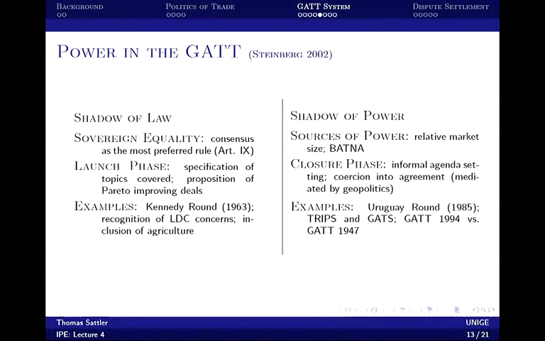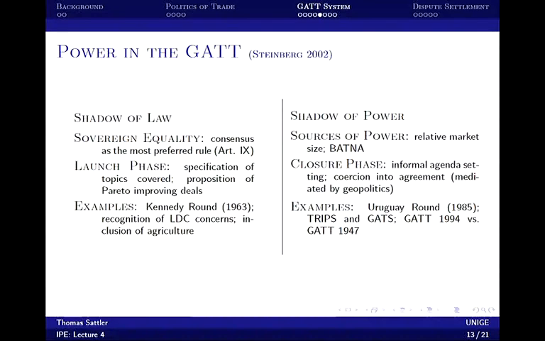Now, this distinction between GATT 1994 and GATT 1947 becomes important. What happened was that the developing countries were not happy about these agreements on trade in services and intellectual property rights. So they threatened not to agree to this agreement.